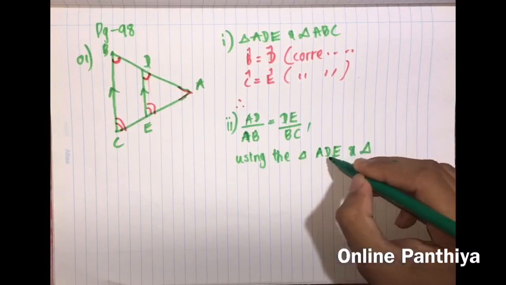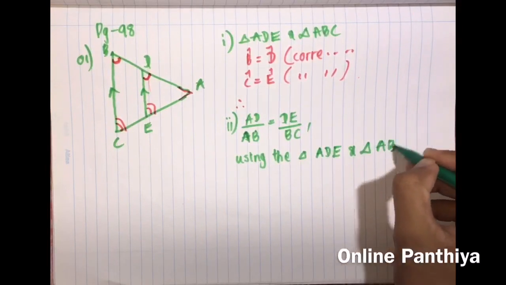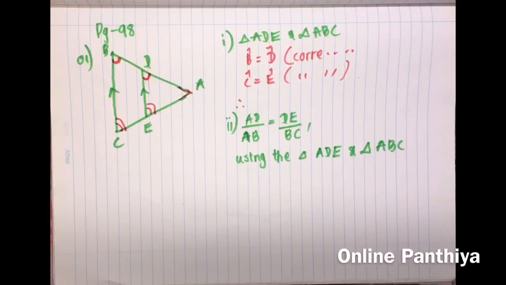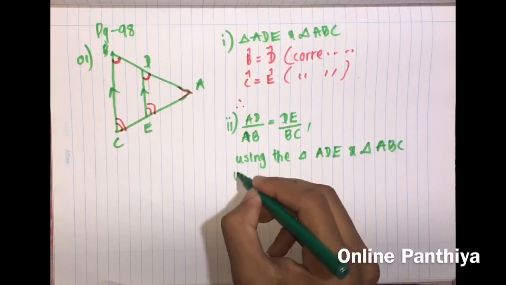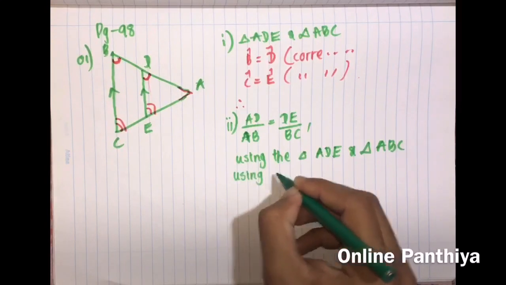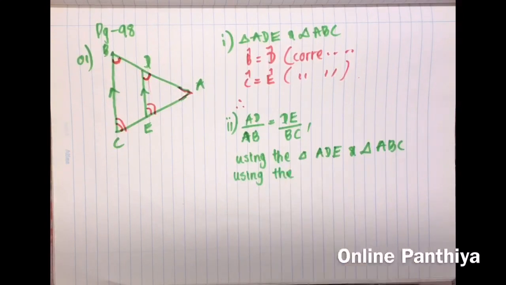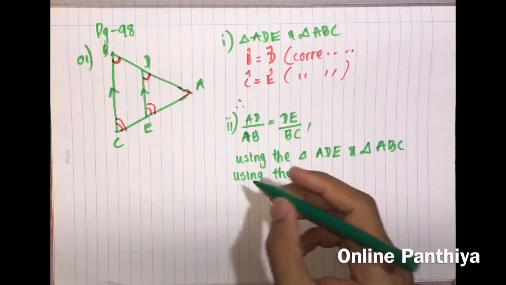Therefore, considering the triangles ADE and ABC, what you have to do is bring a relationship using the theorem we studied. First you state that they are equiangular and then come to the sides. Then it is the normal theorem.